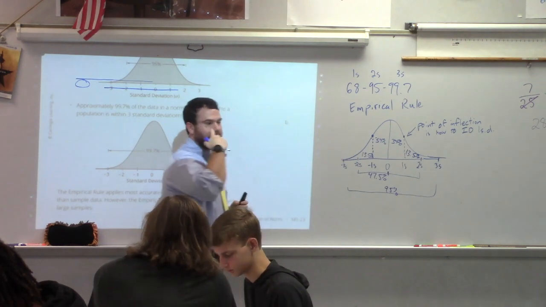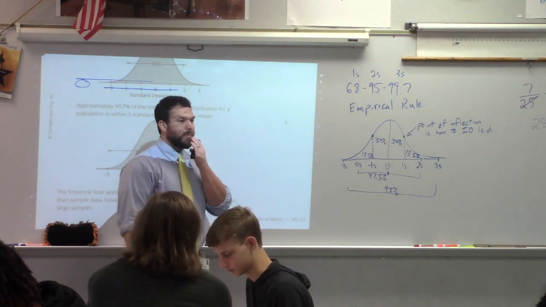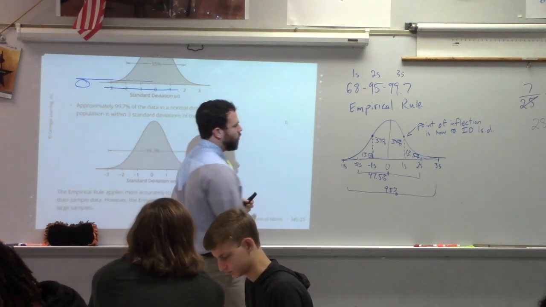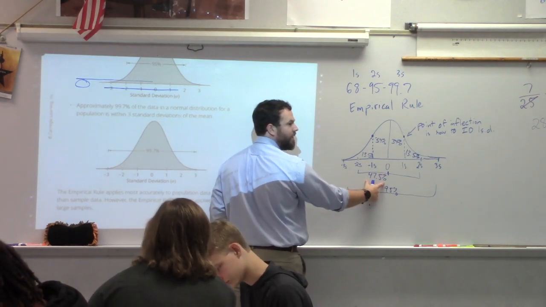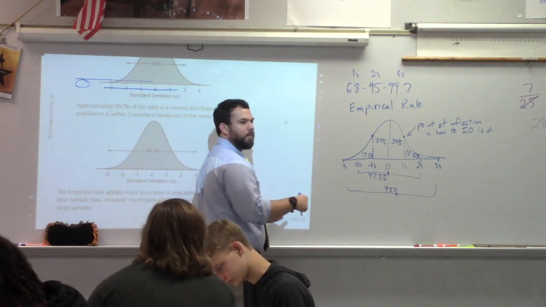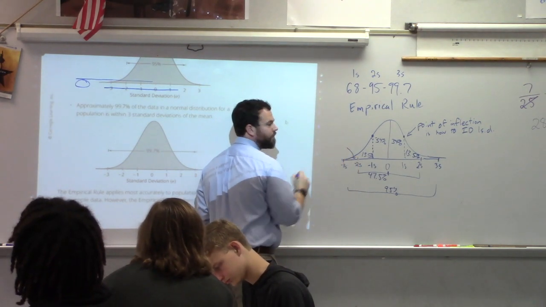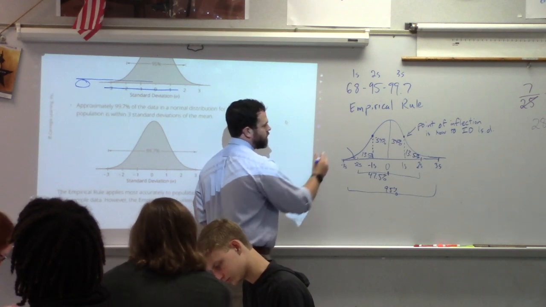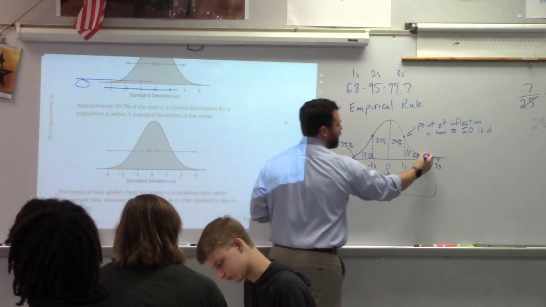So what's half of 99.7? 49.85. What percent have I already accounted for? 47.5. So then what percent is going in this little tail right here? 2.35%. And then this upper tail?